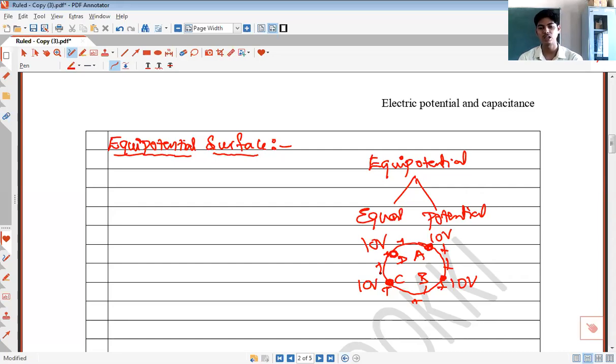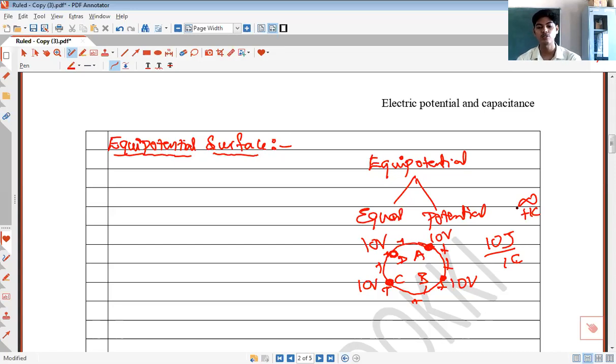The potential on this surface is the same at all points. So this surface where potential is the same at each and every point is called an equipotential surface. If the potential at this point is 10 volt, you should know what it means: in order to move a unit positive test charge from infinity to this point, you will have to do 10 joules of work.